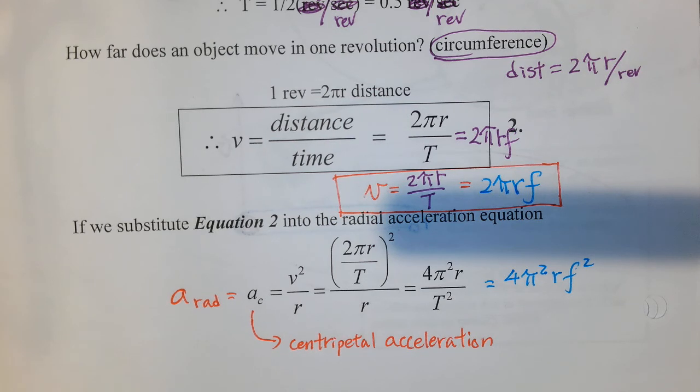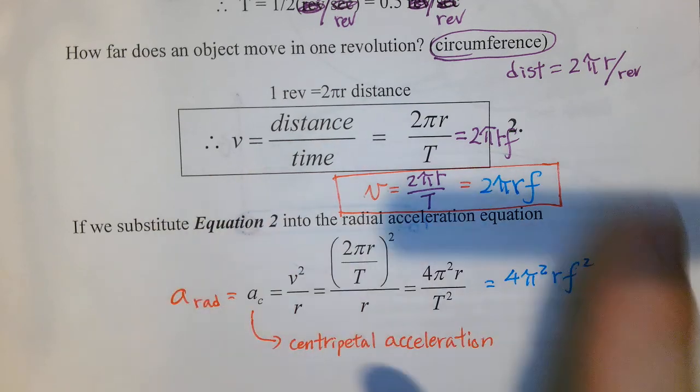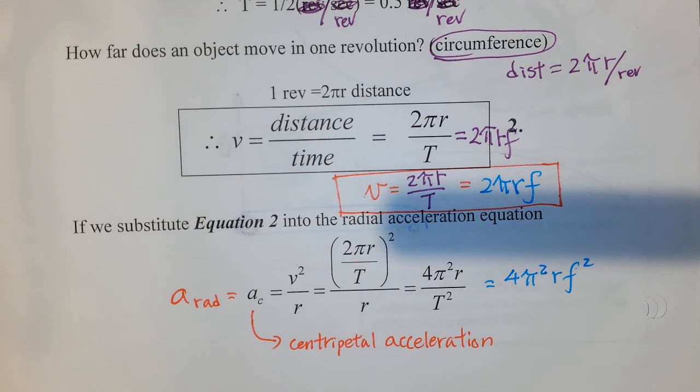Well, in the real world, things don't always go nice and smoothly at a constant speed. Somehow it had to get there. So you start from zero and then you speed up, speed up, speed up, and then you reach a certain speed and stay at that speed. What happens between zero and that constant speed?